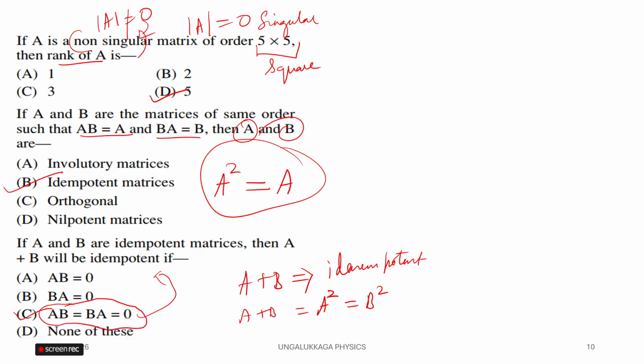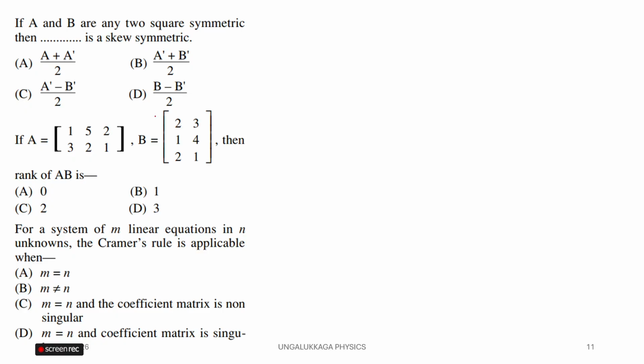If A and B are idempotent, A plus B need not necessarily be idempotent. If it is idempotent, then AB equals 0 and BA equals 0. Right, I will be discussing this problem in the next session.